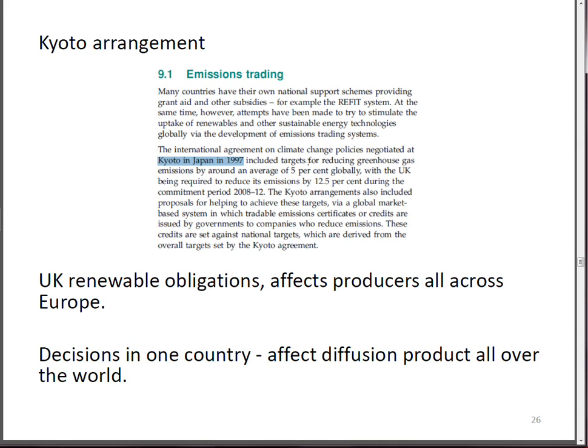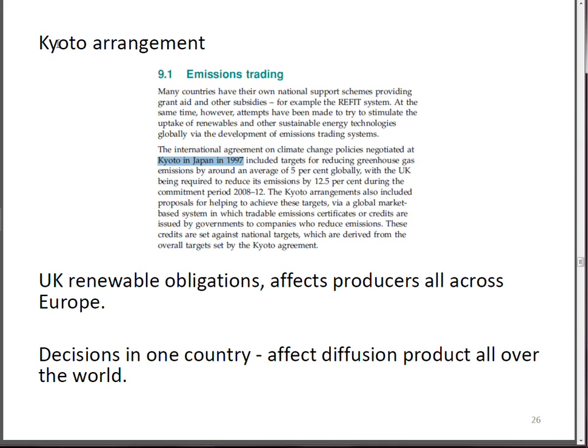Naturally, if we have to reduce our emissions by 12.5%, it means that a European company who would need to sell a product to Britain will have to consider that. So the Kyoto arrangement, as an example of a global arrangement, global policies, demonstrates how an obligation in one country will affect insertion of a product into the market in different countries.